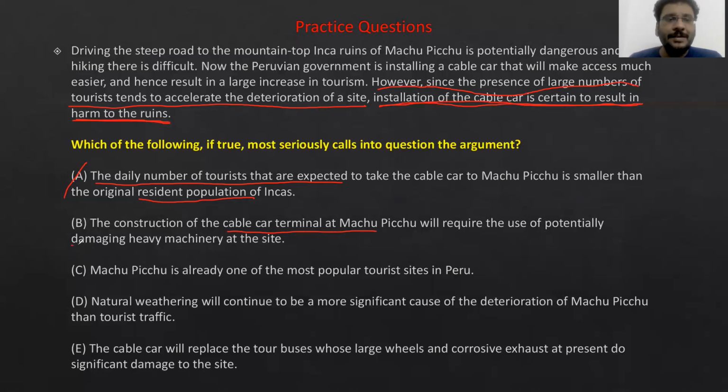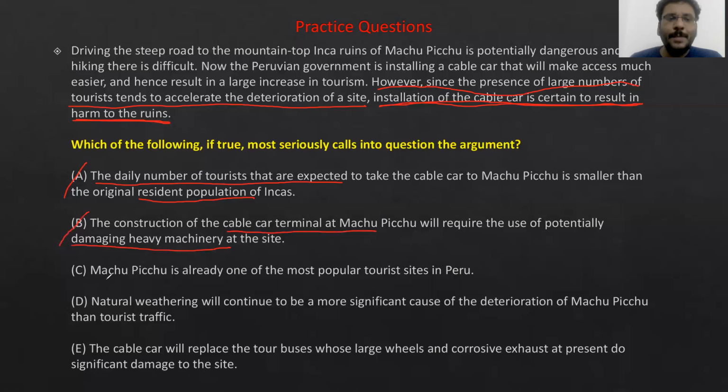Now, in a sense, it's strengthening my argument, right? Instead of weakening, it supports my conclusion. In a sense, it says cable cars are going to create problems. So that's not what I'm looking for. So B can be eliminated.